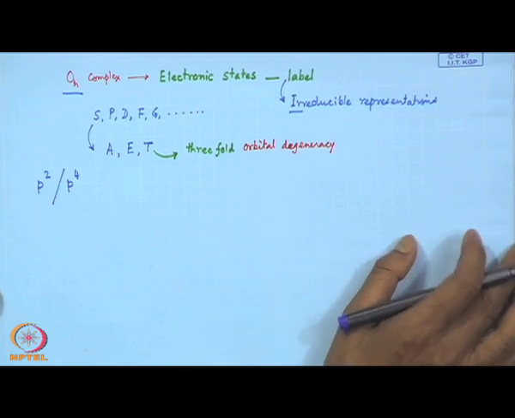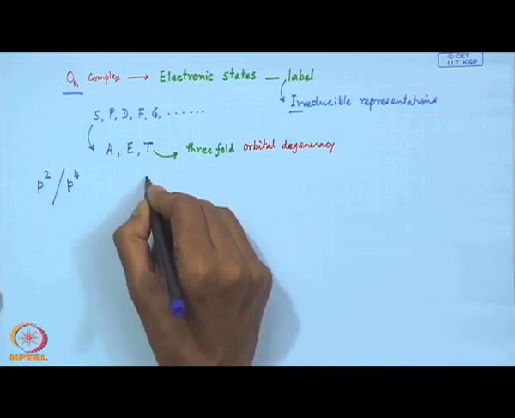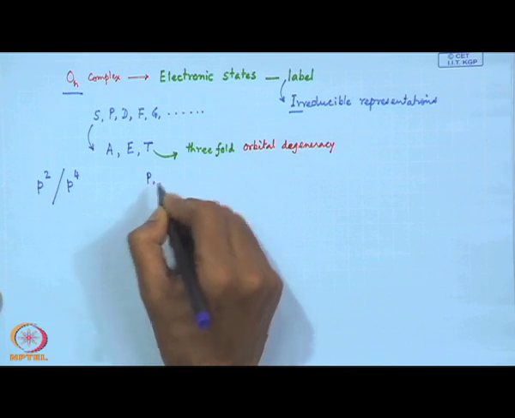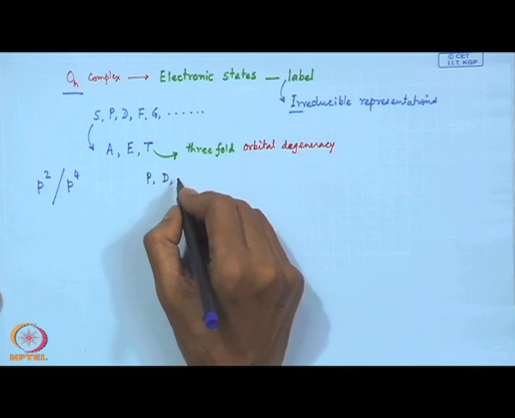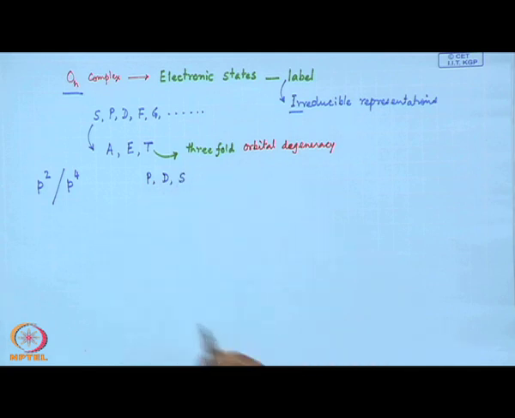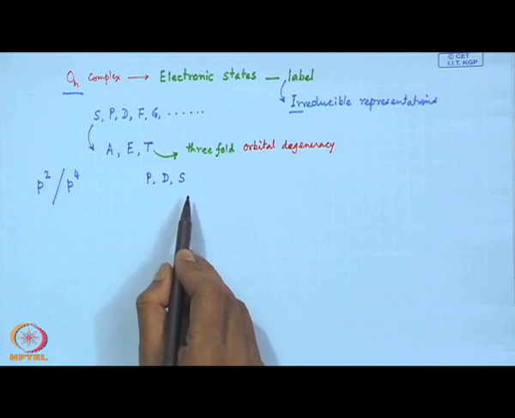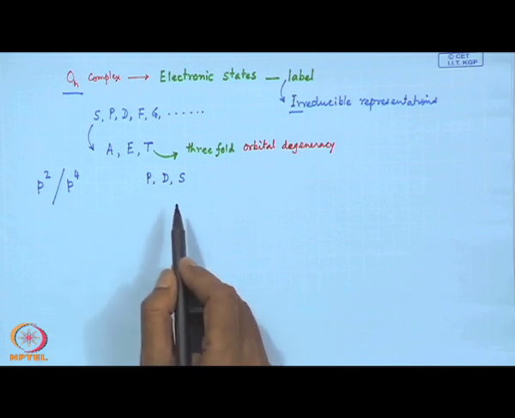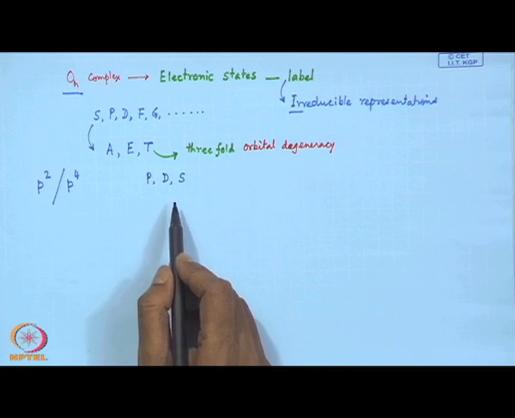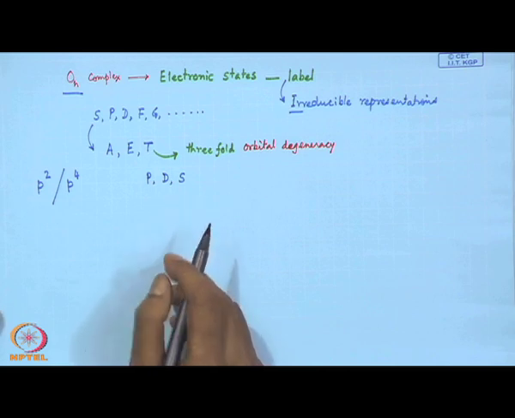In these two cases we can have states like P, D and S. How can we get all these electronic states from the combination of the spin angular momentum and the orbital angular momentum? We need to see that, because if we go for more complicated systems like d8 or d9, there will be many more of these states.